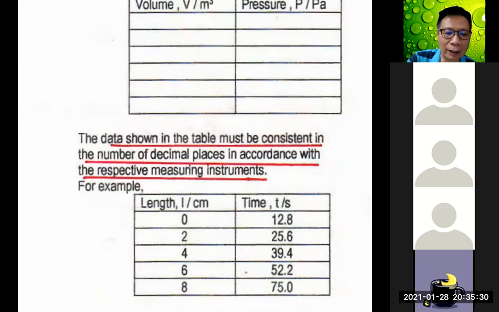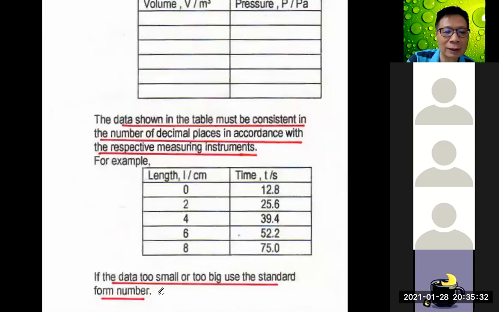Next one, I'll read. You tell me what that is. If the data is too small or too big, then use standard form. I'm sure you learned standard form in Maths already. Correct or not? When the number is too small or too big, you don't write the whole thing inside the table.